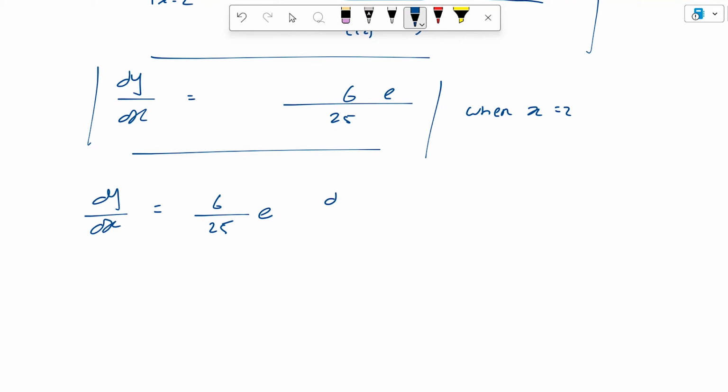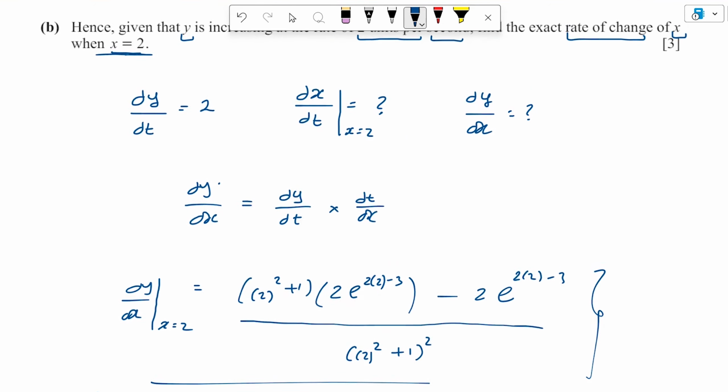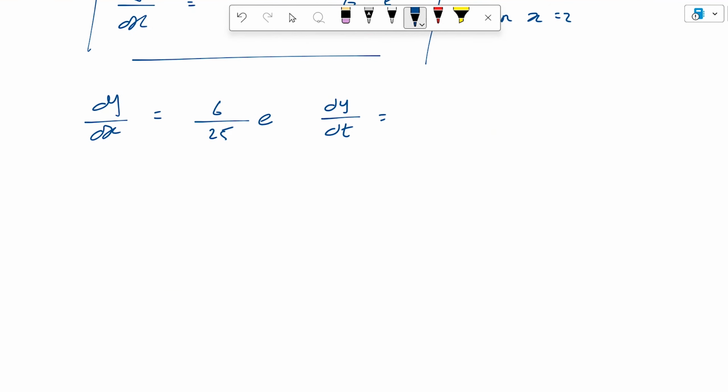We have dy over dt, which is 2, and we're supposed to find the dx over dt, which is unknown. Our equation for the chain rule is dy over dx is equal to dy over dt times dt over dx.